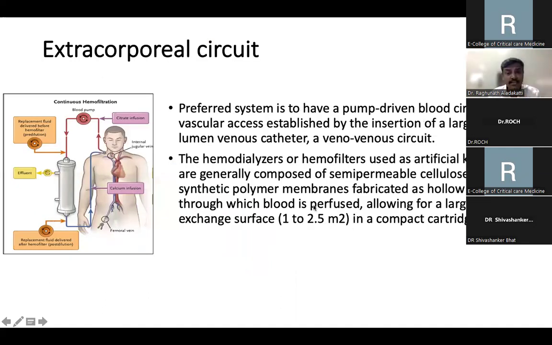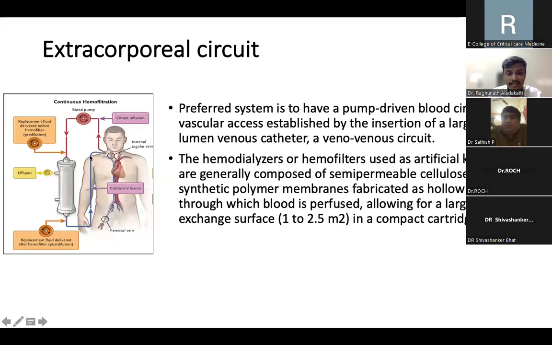If you look at the circuit here, I think most of you have seen dialysis in your ICU daily, where people are doing it. It is a pump driven system. Pump driven means there is a pump that diverts the blood from the catheter where you are putting it.